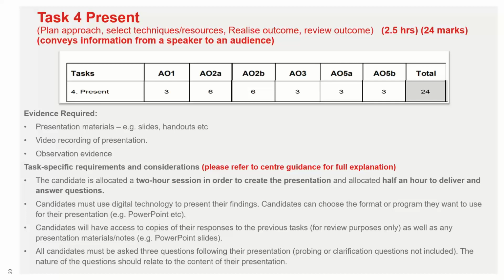We're going to show you what format we need that in. And we also require some observation evidence. Now that observation evidence is going to be, you will be given a candidate observation form where you will note the 3 questions and their responses, and any notes that you want to provide alongside that.